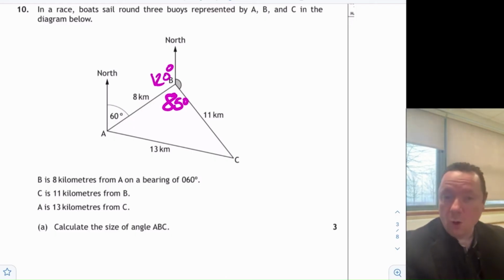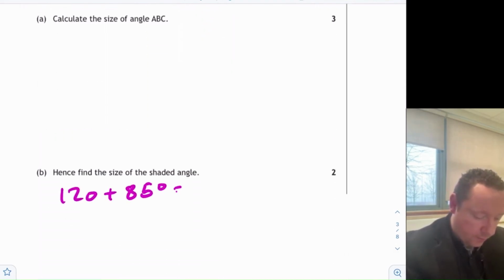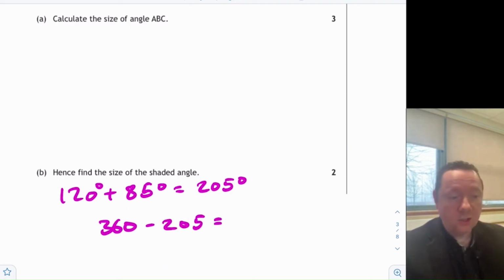And our second rule, which we often use, is that angles around a point add up to 360. So we can do a bit of work and say 120 plus 85 degrees is equal to 205 degrees. So we get 360 minus 205, which just gives us an answer of 155.